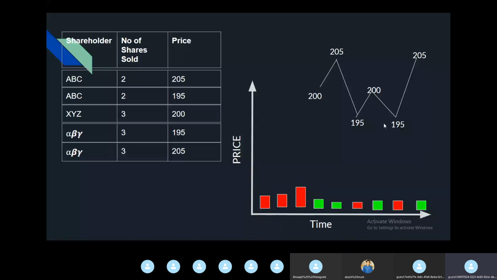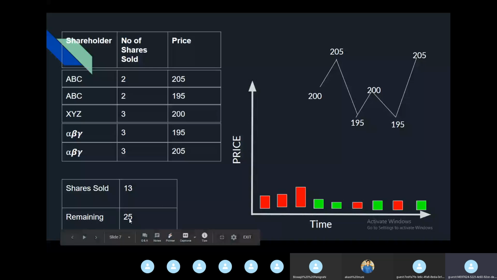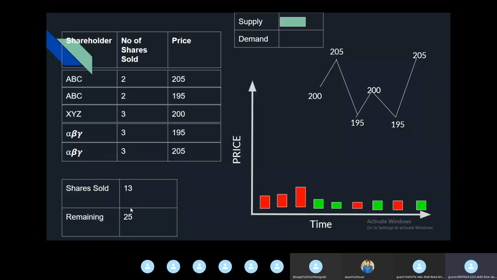So what happened next? Shares sold is 13, remaining is 25. So we saw before the remaining was 12, now it is 25. So what happened? The supply zone has increased. The demand has not changed much. The demand is there, there's no news, nothing.